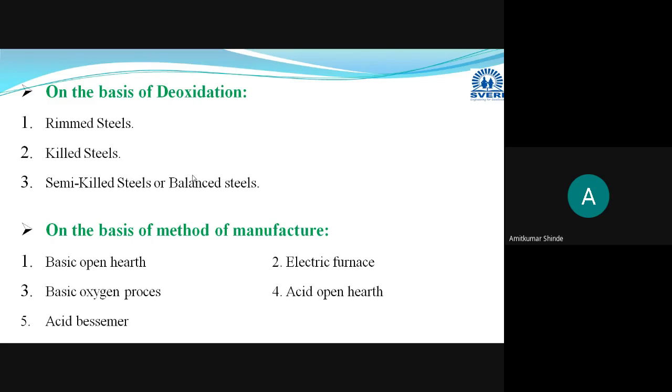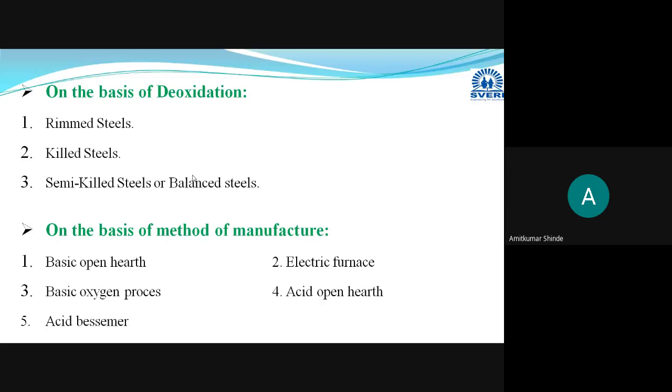To give the different shapes, first we heat it and transform it into the molten or liquid form. Then in this liquid form, the oxygen and different gases present in the surroundings will get dissolved in the liquid or molten steel.